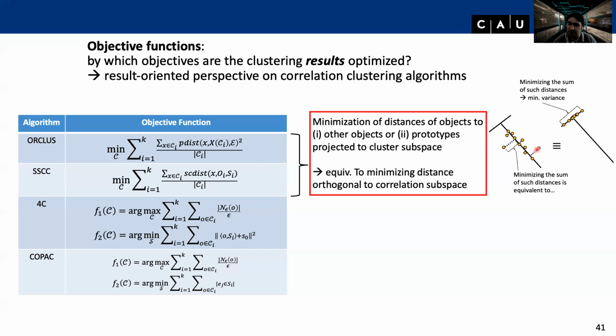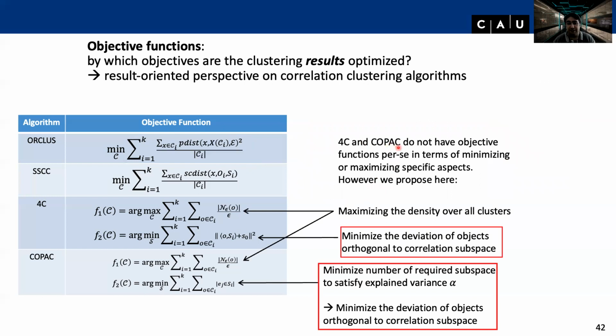So the core message is, if the objective of a correlation clustering algorithm is to minimize the orthogonal distance to this correlation subspace, this is equivalent to minimizing the variance in the cluster subspace. Both of them have as a goal to minimize the deviation to the mean or to another object in this particular cluster subspace, which is equivalent to minimizing the deviation orthogonal to the correlation subspace. So this is the objective of Oculus and subspace correlation clustering.